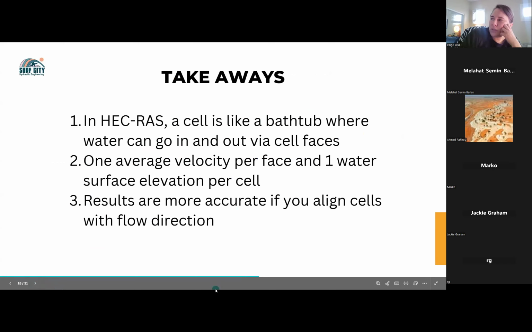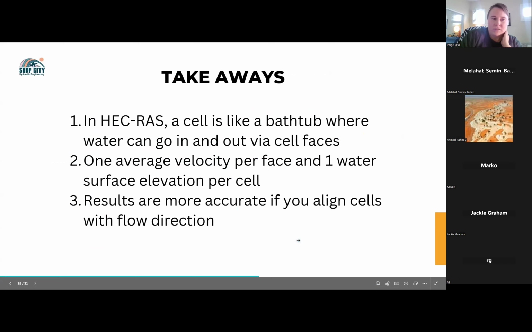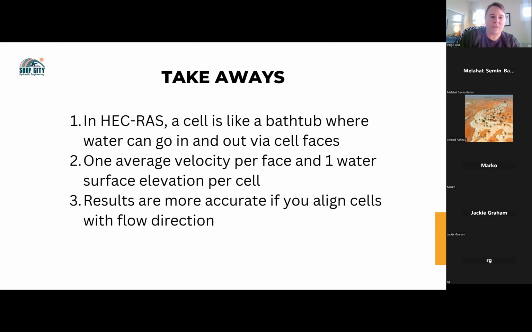So with all that blabbing about what goes on underneath the black box of HEC-RAS, these are the 3 things that I'd like you to remember. In HEC-RAS, a cell is like a bathtub. You have a cell center in the middle of the bathtub. That's like your water surface. And water can go in and out of the cell via the cell faces.